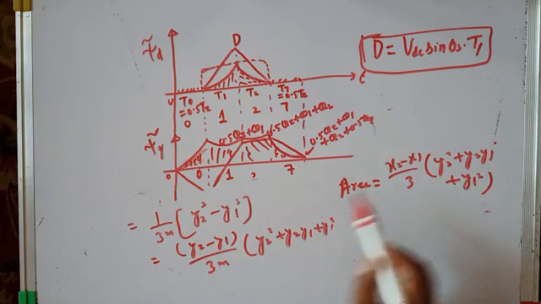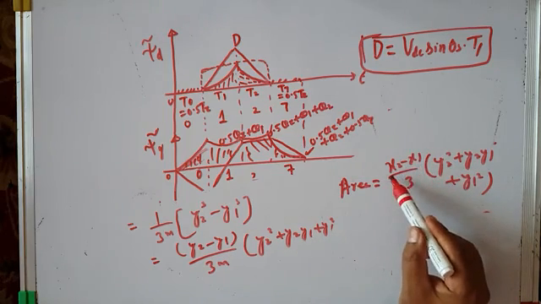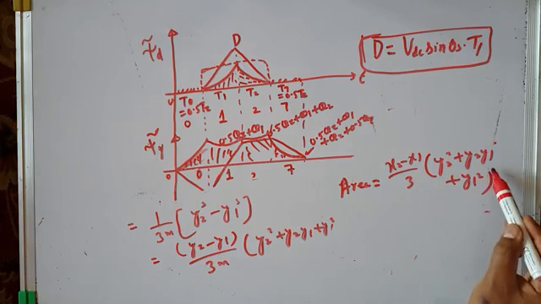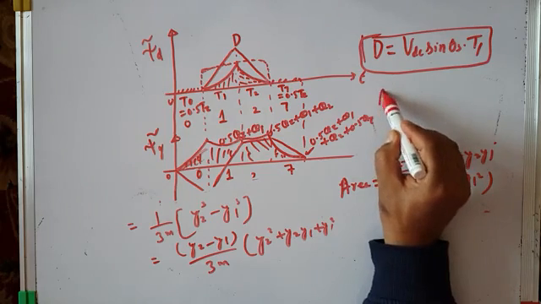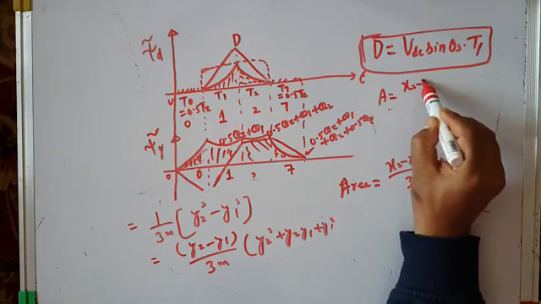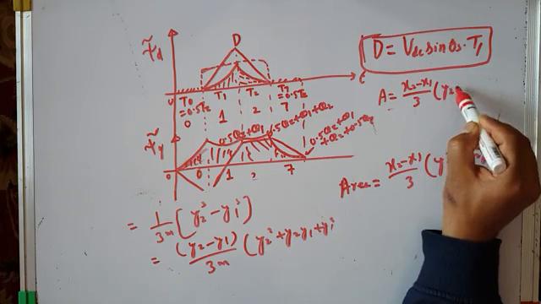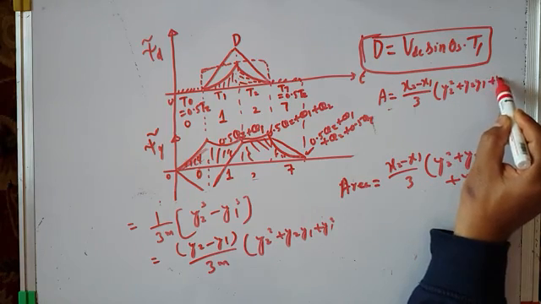Because y2 is the value at x equal to x2 and y1 is the value at x equal to x1. Just remember this formula. Area is equal to x2 minus x1 by 3 into y2 square plus y2 y1 plus y1 square.